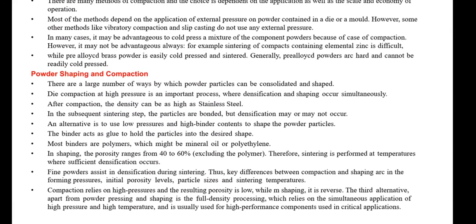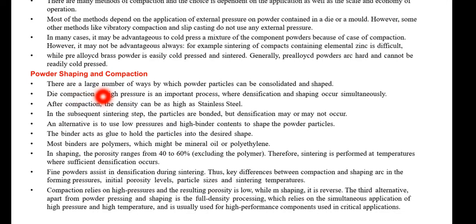Powder shaping and compaction: there are a large number of ways by which powder particles can be consolidated and shaped. Die compaction at high pressure is an important process. After compaction, the density of that mixture is increased, and in the subsequent sintering step, the particles are bonded with each other.